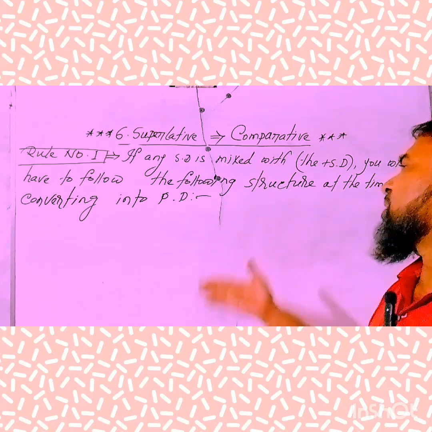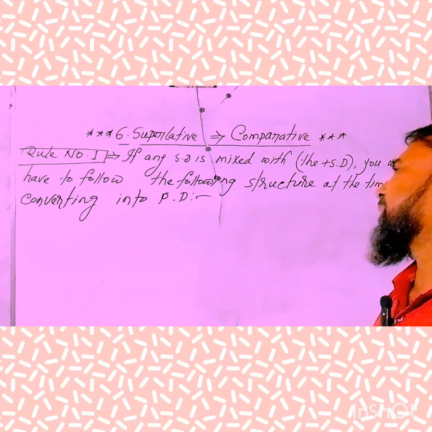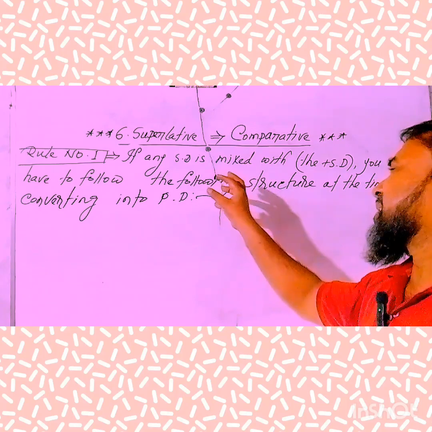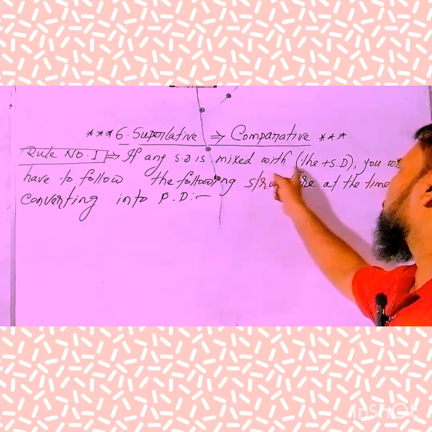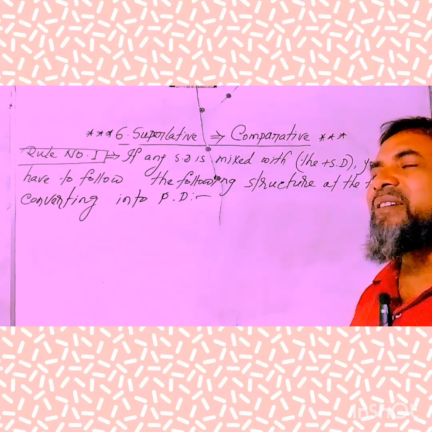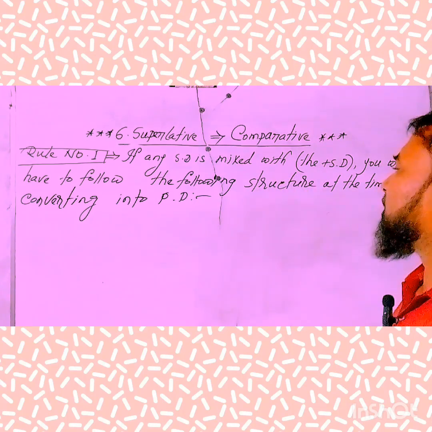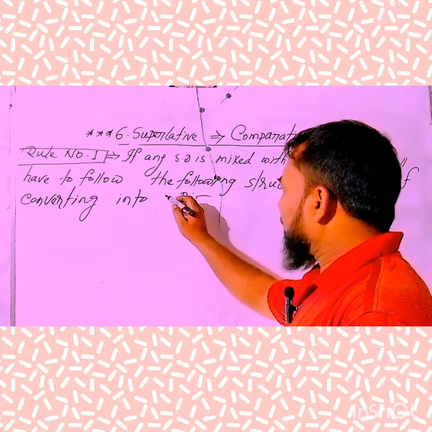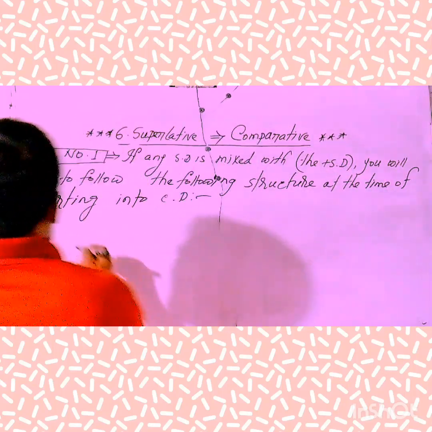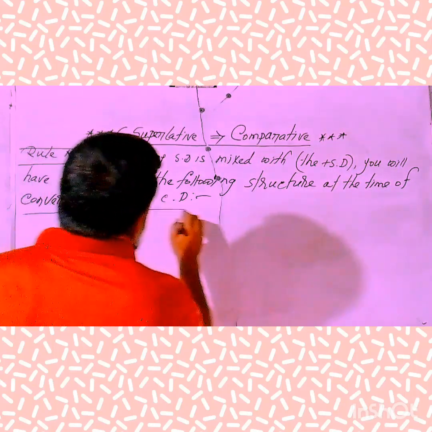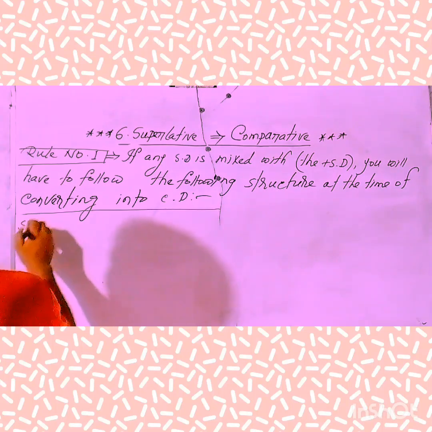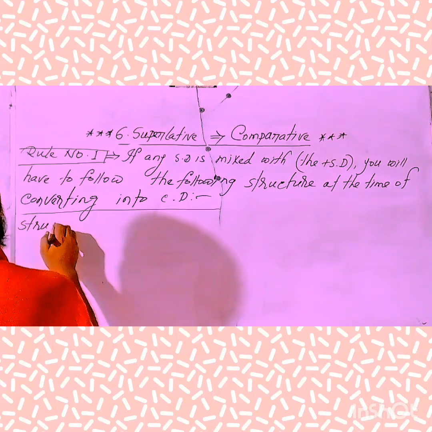Okay, my dear learners, in rule number one, I am going to show you at first the prerequisite of this rule. The prerequisite of this rule is that various kinds of superlative degrees are mixed with the + superlative, and when you are going to convert such superlative degrees into comparative degree, you will have to follow the structure. Now I am going to write a short form of the structure.